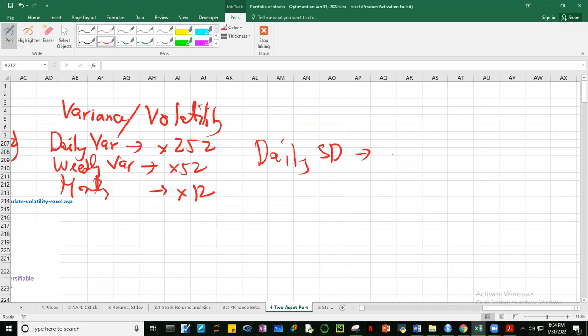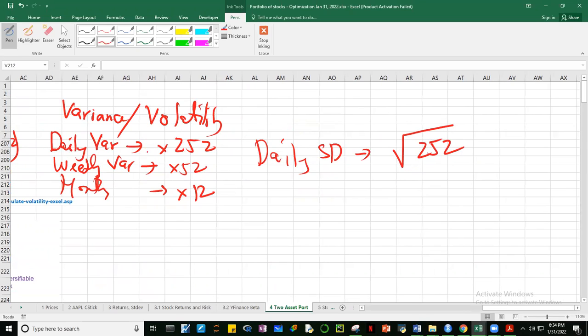Anyone? Answer, please. Paano makuha natin yung annual standard deviation? What do we do with the daily standard deviation? We multiply it by the square root of 252.